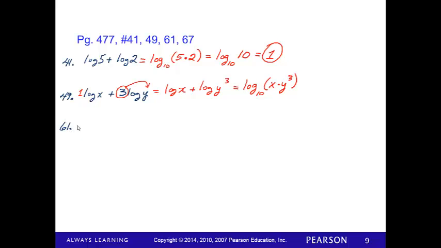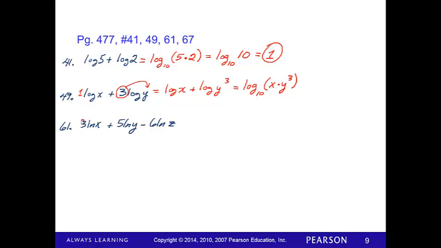All right, number 61. So we have 3 times the natural log of x plus 5 times the natural log of y minus 6 times the natural log of z. So again, we want to do our properties on the previous slide, but again, we have coefficients that are other numbers besides 1.